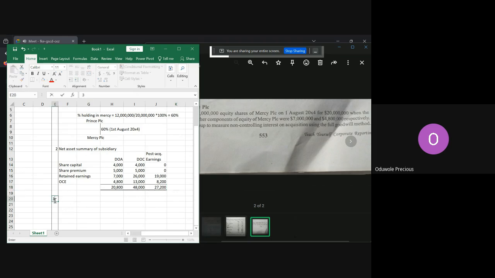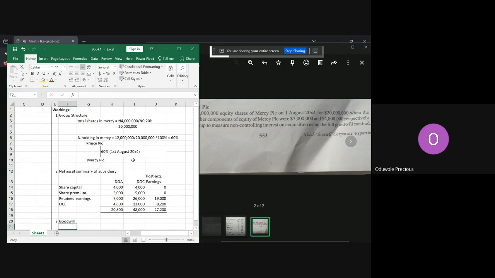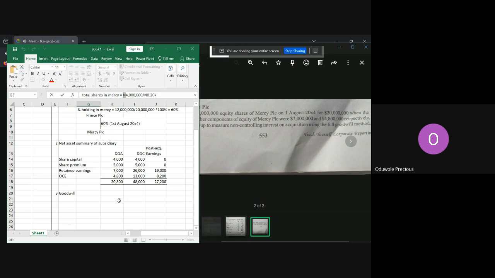Then the third one will now be goodwill. So how do you get your goodwill account? So that will be your, okay, I'm coming. Let me bring my pen. What's our purchase consideration? The amount that they bought the company for. That's the first thing we want to look at.